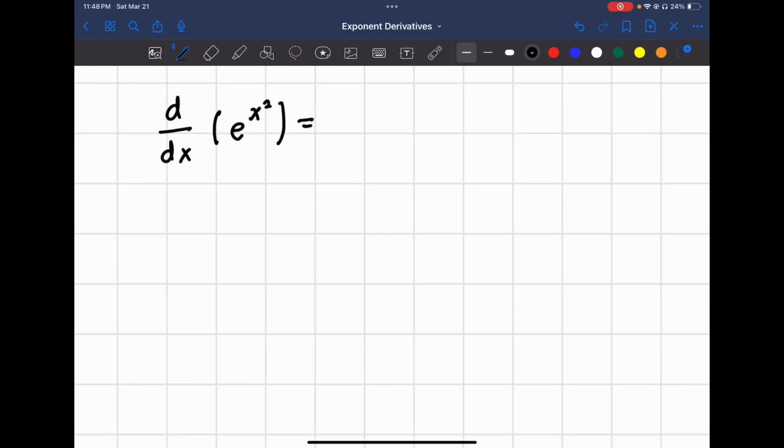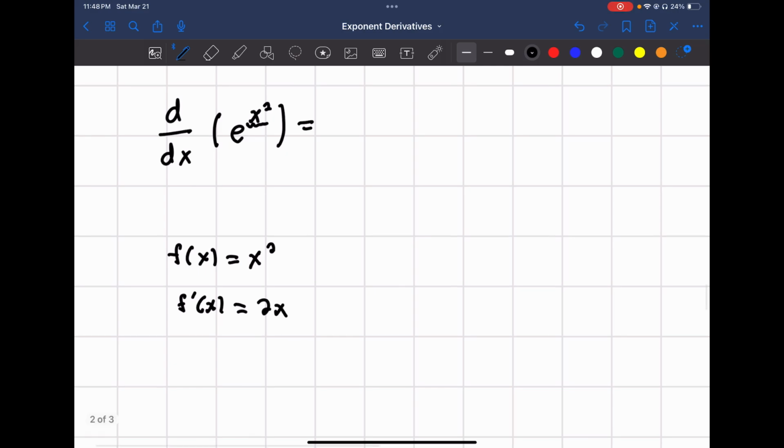In our next example, we have e to the x to the power of 2. So x to the power of 2 will be our function, so f(x) equals x to the power of 2. f prime of x will be 2x.